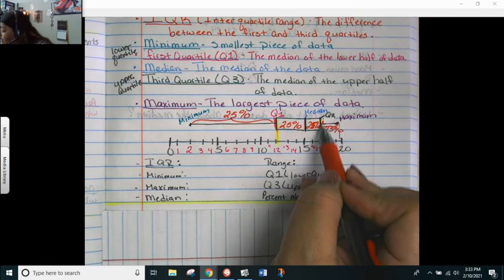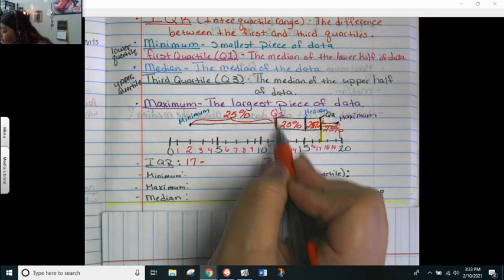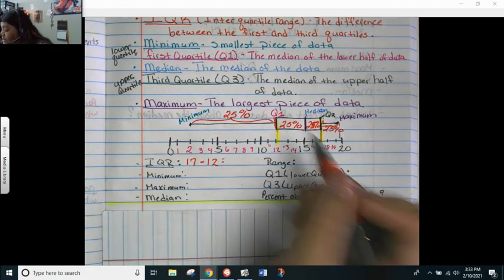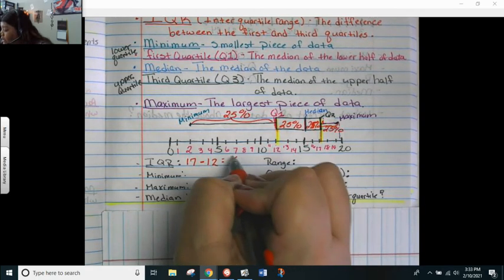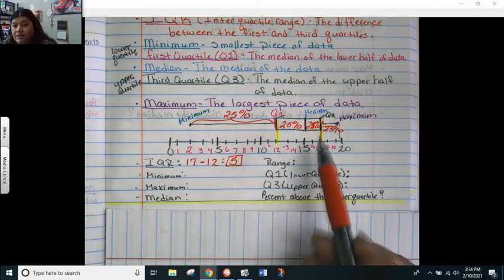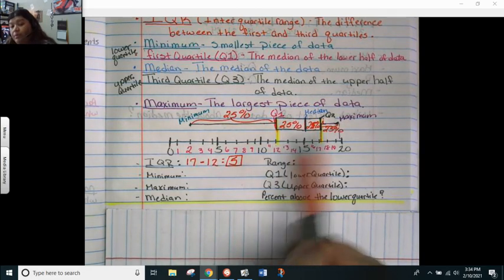So I have 17 right here, and I have 12 right here. All I have to do is subtract, and I get a range of 5. That's it. If they want the interquartile range, they want the range in the boxes, the quartiles, not the overall range, just the range in the boxes.